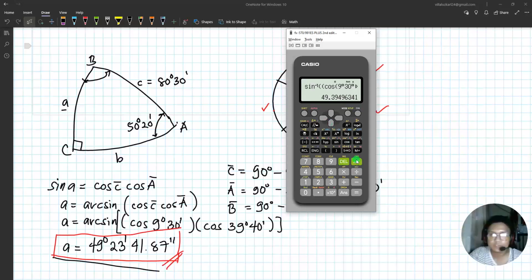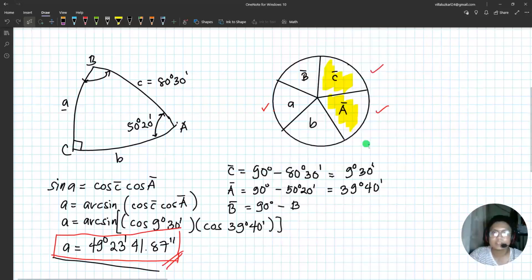Let's continue using the Sin-Coop rule again. Since we already have an answer for A, let's solve for the next one. We choose again a middle part and two opposite parts, and you must have one unknown in your equation.